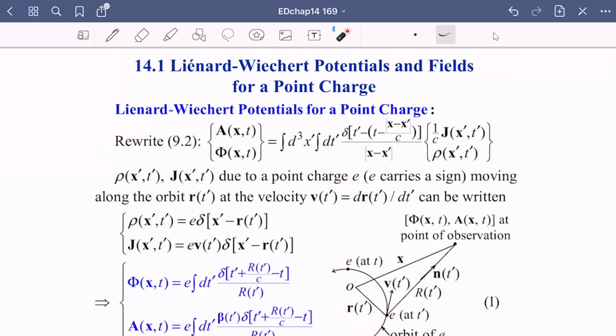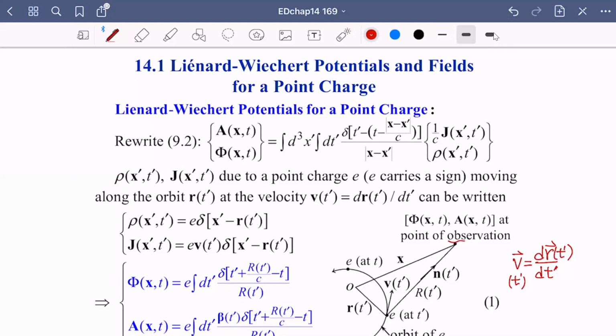At the velocity, that's instantaneous velocity, instantaneous tangential. So it's instantaneous velocity. Velocity V is just equals the R, the T prime. What is the difference between prime and unprime here?